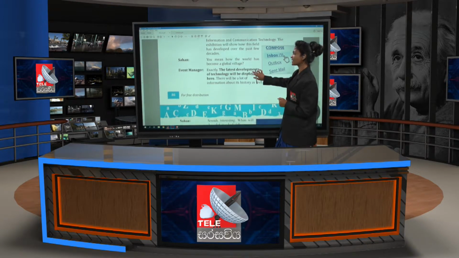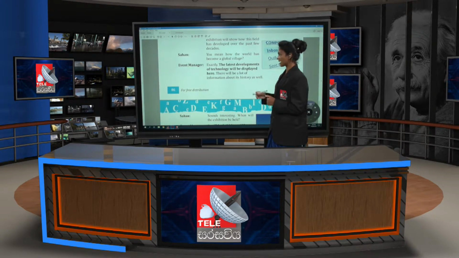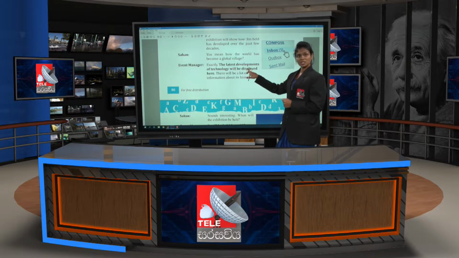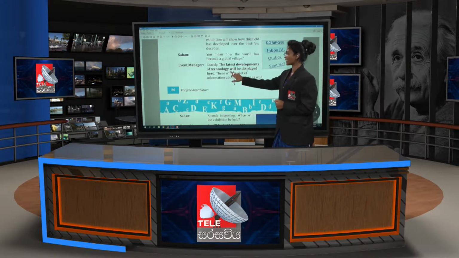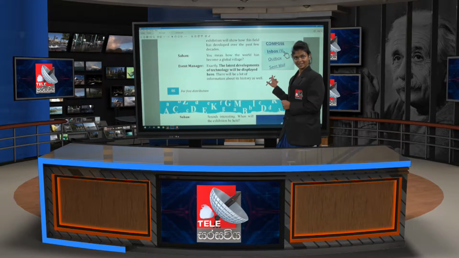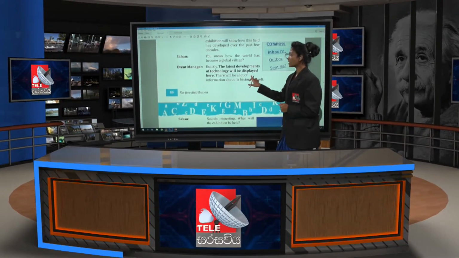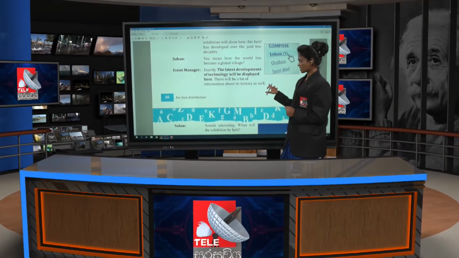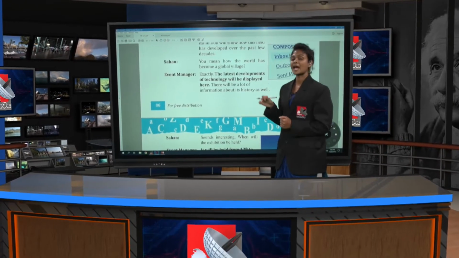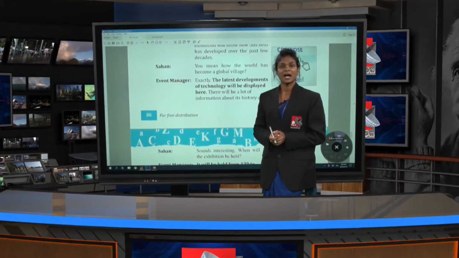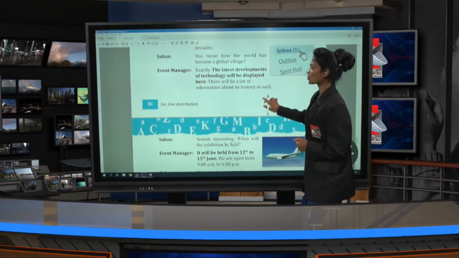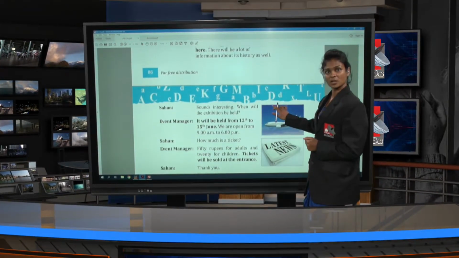Then the event manager replies like this, exactly. The latest developments of technology will be displayed here. There will be a lot of information about this, about its history as well, right? Now we will move to the page number 87.